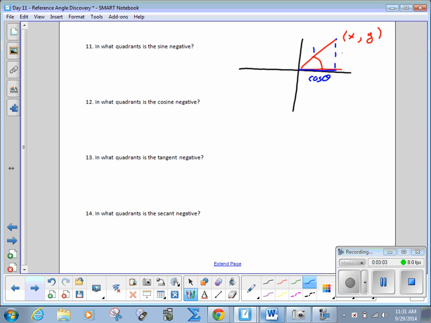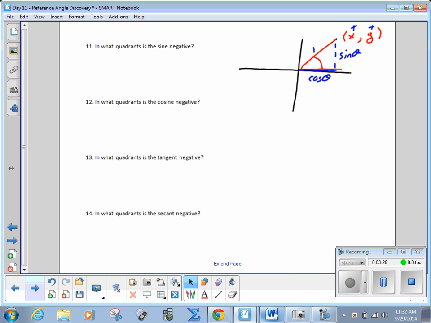The opposite side is the sine of your angle. Well, the x coordinate here is positive, and the y coordinate is also positive, correct? And if you look at any of your first quadrant angles, everything's positive.